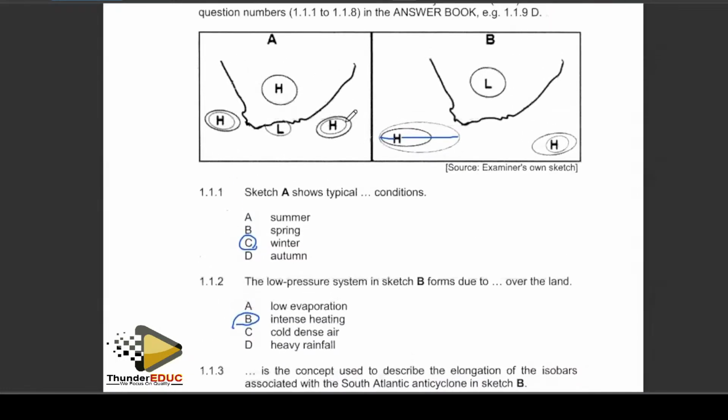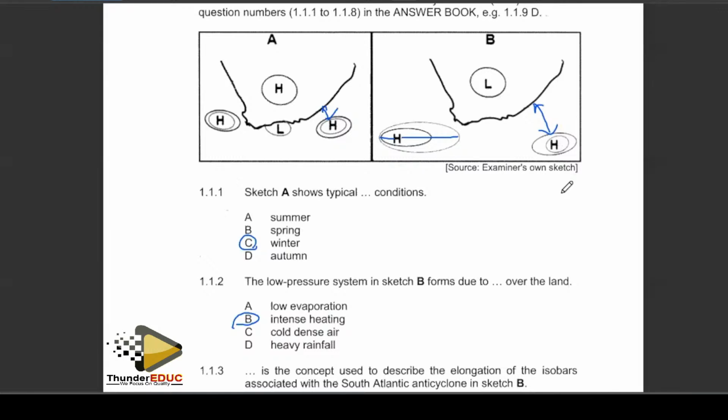If you check in sketch A here, the South Indian is just close to land here. It's just very near to the interior. But if you check in sketch B, it's further away from the interior. So we are saying in sketch B, the South Indian is able to feed in more moisture on the eastern coast as compared to how it feeds when it's in that position as in sketch A.